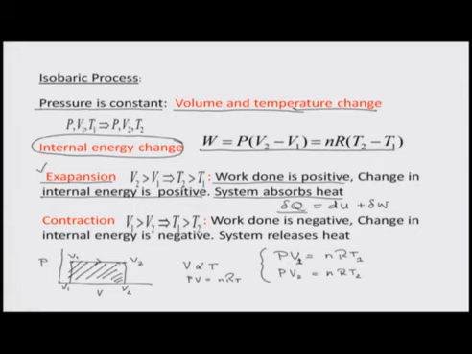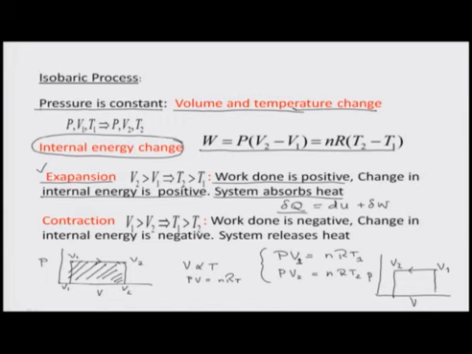Now, we think of contraction. Contraction means, remember, V2 is the final value and V1 is the initial value. So, for the contraction process, if I draw in the PV diagram, you are coming from V1 to V2.